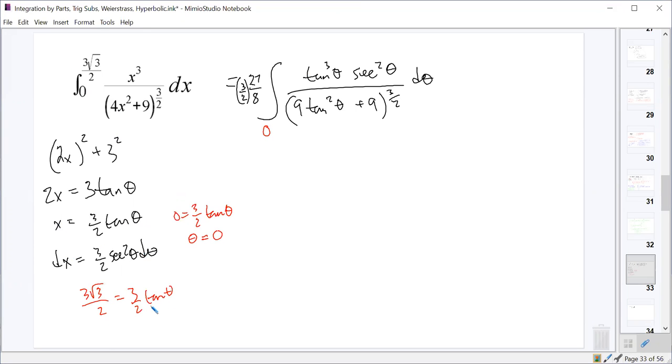What does that tell us? That tangent theta equals root 3. And what is theta equal to? Yeah, pi/3. All right. So everybody good with all of the conversion from x to theta?